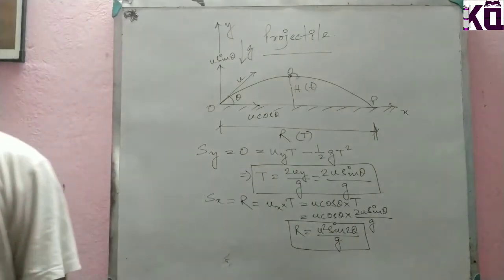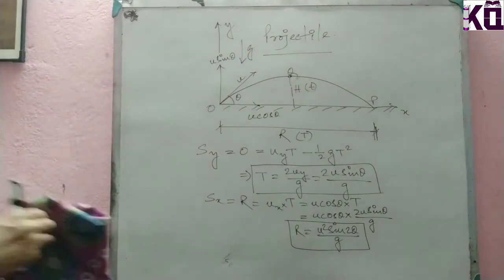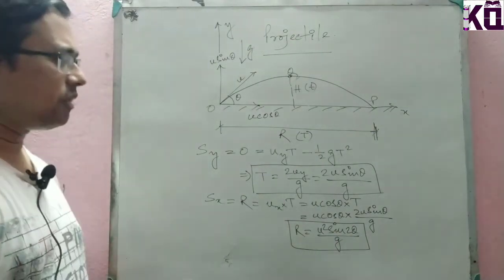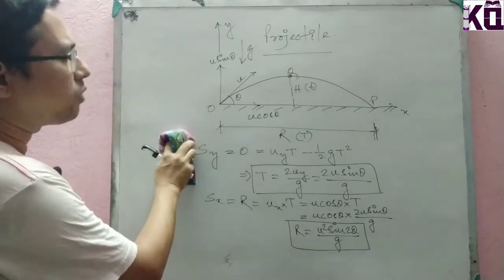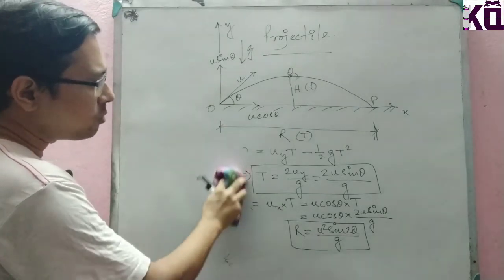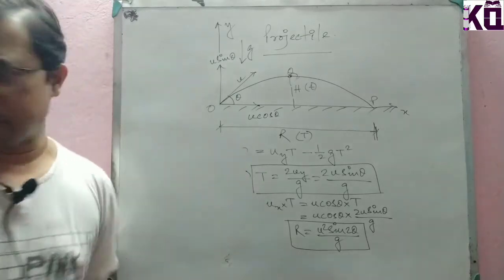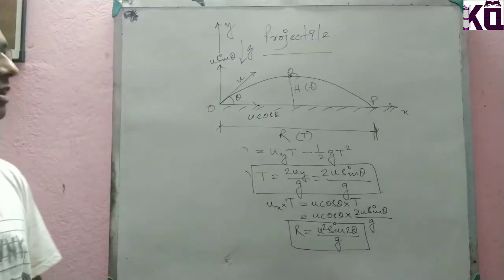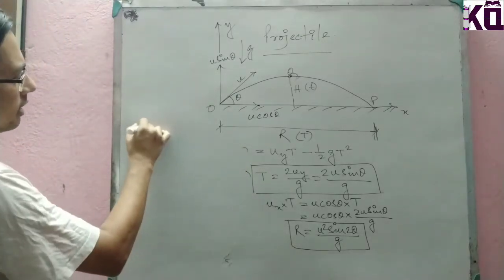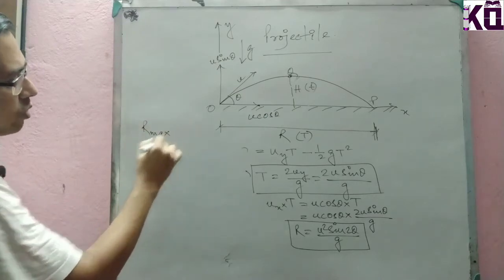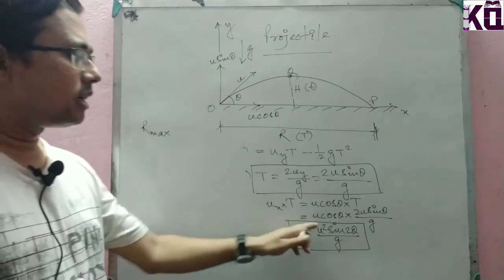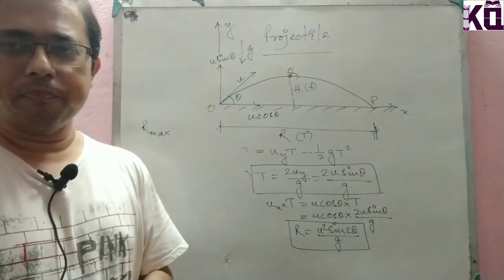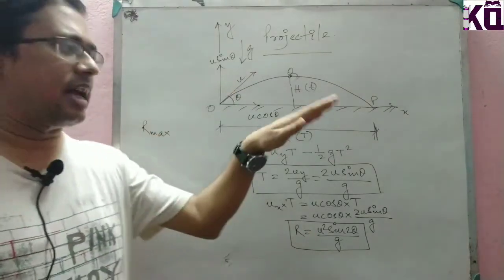Okay, now if I want to make this range maximum, then what happens? If R is maximum, then u cannot be changed, because this is a missile.